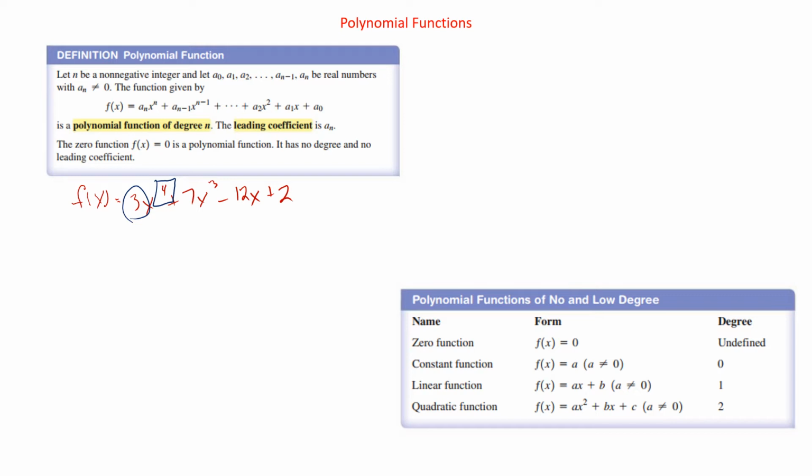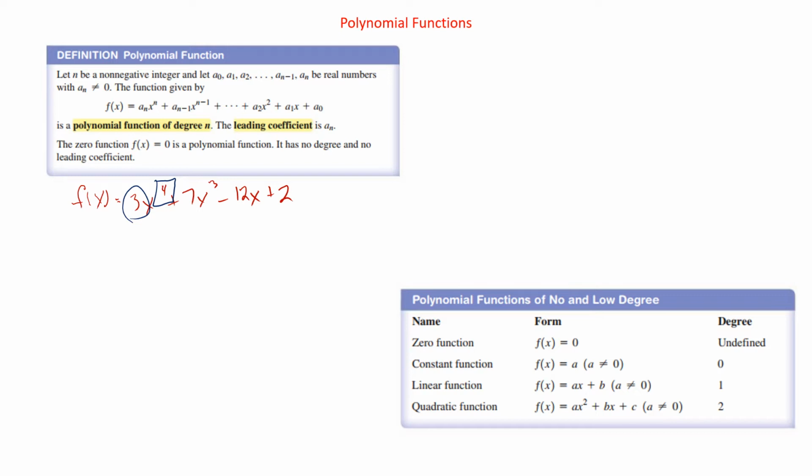A linear function, f of x equals ax plus b, where, again, the slope can't equal 0. A can't equal 0 for any of these, because that would just take it down to the next lowest one. So, linear function, f of x equals ax plus b, and that has degree 1 because it's x to the first. Quadratic, f of x equals ax squared plus bx plus c, has degree 2.